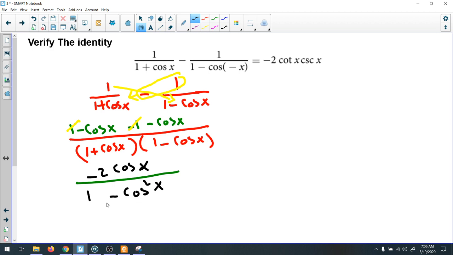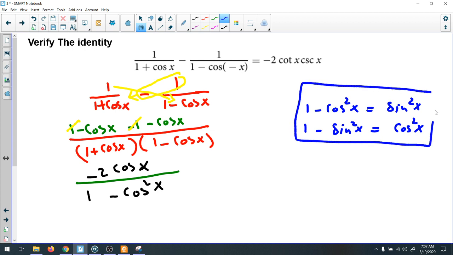Please do remember that when you see 1 minus cosine squared, just replace it with sine squared. Let's repeat that again: 1 minus cosine squared equals sine squared. That's from the basic identity that sine squared plus cosine squared equals 1. And the same, 1 minus sine squared equals cosine squared. Remember that.